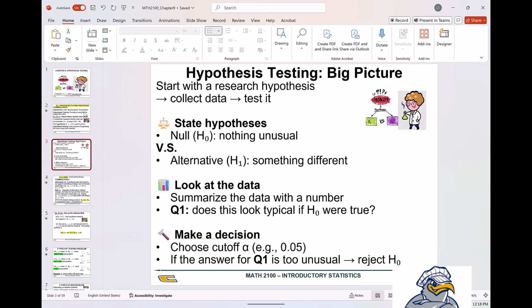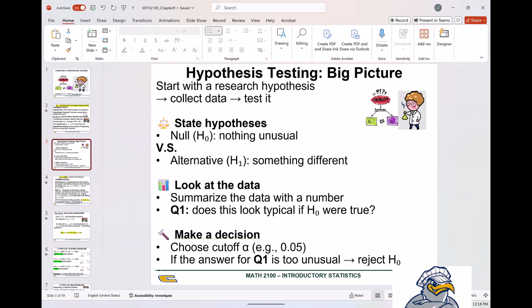So basically, we have three main steps. The first step is to state the hypotheses: the null H0, nothing unusual, versus the alternative H1, which is something different. And then after that, we need to collect data, look at the data, and summarize the data with a number, another term we call a statistic.